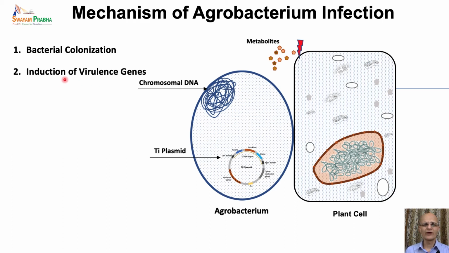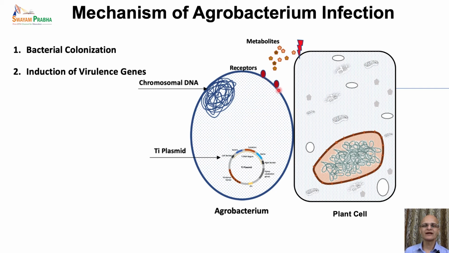The virulence genes are present on the Ti plasmid and need to be induced in order to start the infection process. Now, the bacterial membrane has special receptors that are coded from genes located in the virulence region itself, that is the VirA gene. So these are the VirA receptors.